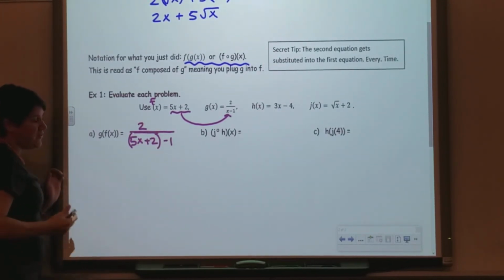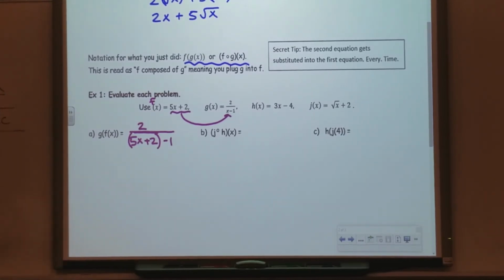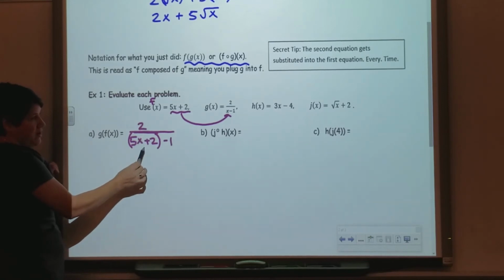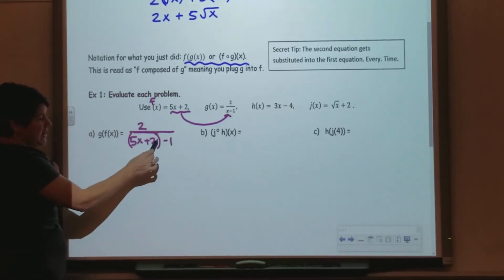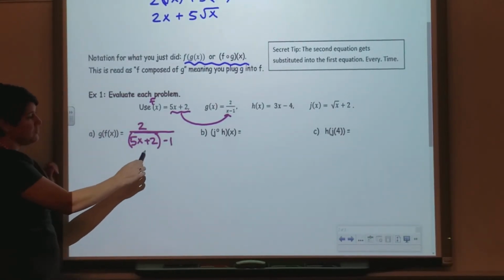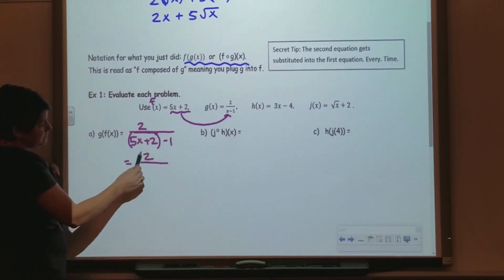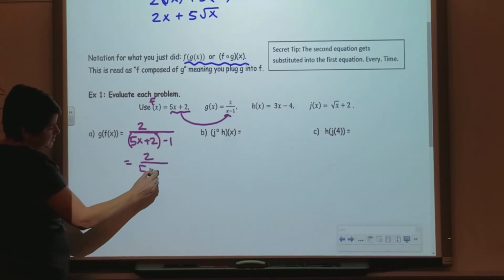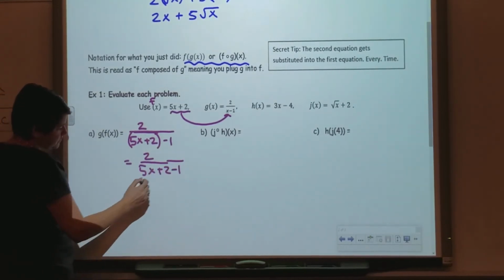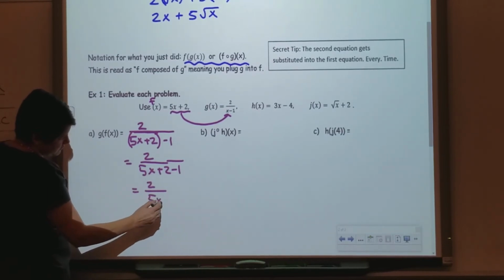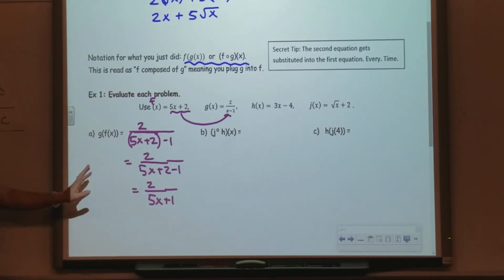And again, whatever you're plugging in for x, leave it in parentheses because it really helps you to see, hey, I still have 2 over x minus 1, but my x is now 5x plus 2. So then you would have 2 over, and go ahead and simplify it, 5x plus 2 minus 1, which is just 2 over 5x plus 1. Okay, and that is actually your final answer, so leave it like that, 2 over 5x plus 1.